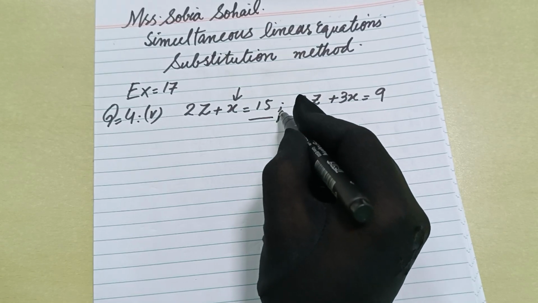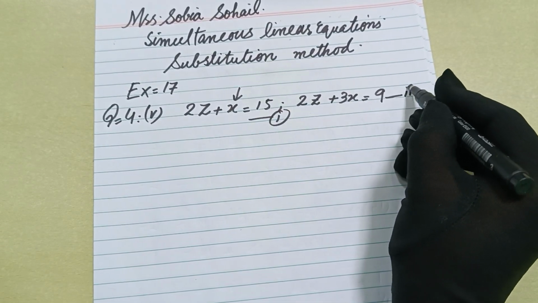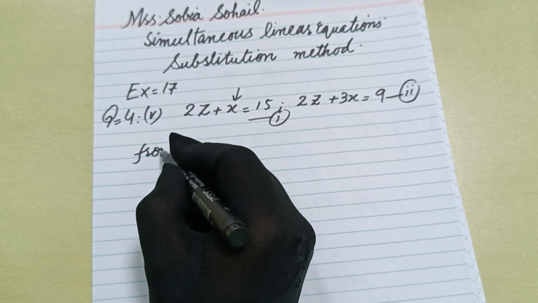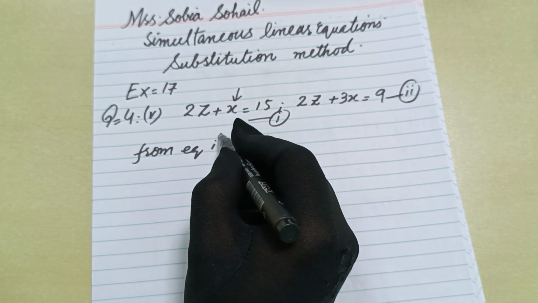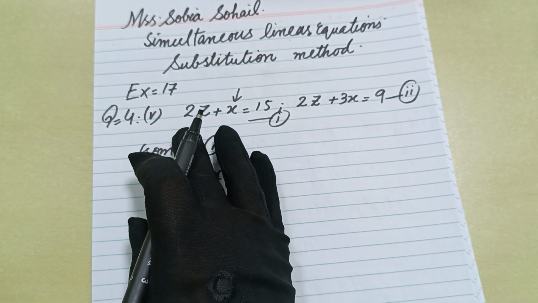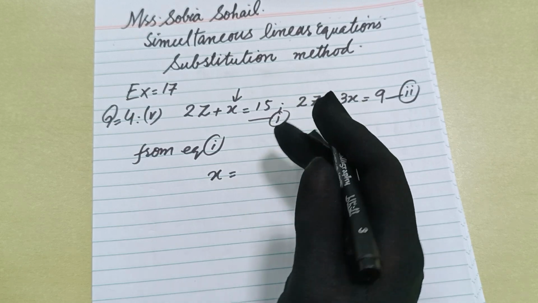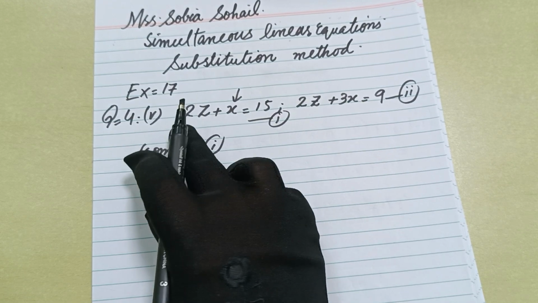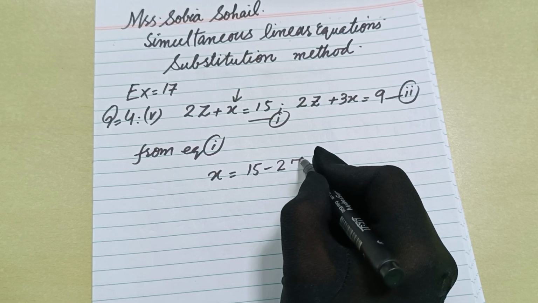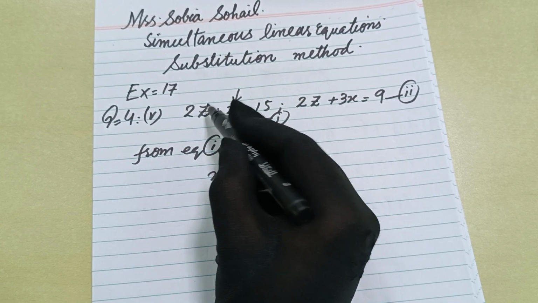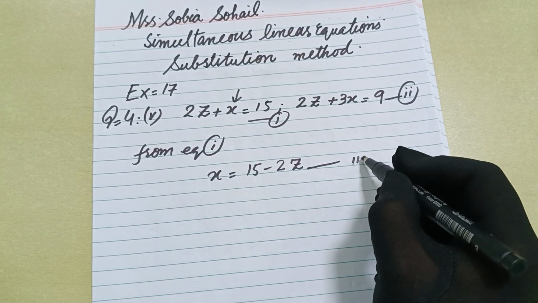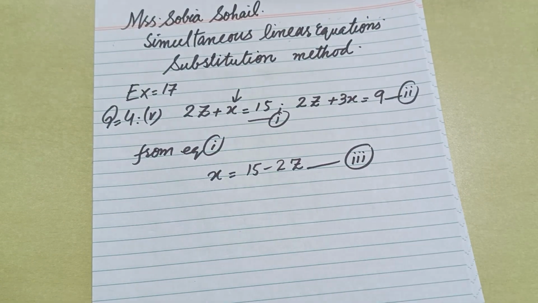We can call this equation number 1, and this equation number 2. So from equation number 1, if I write x here and shift the values connected with it to the other side of the equality, positive 2z will change to negative 2z. This can be written as equation number 3.